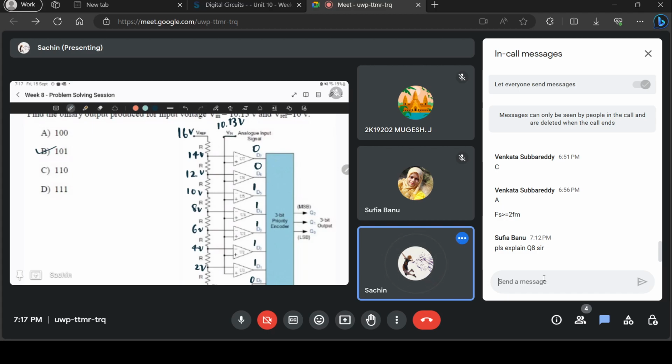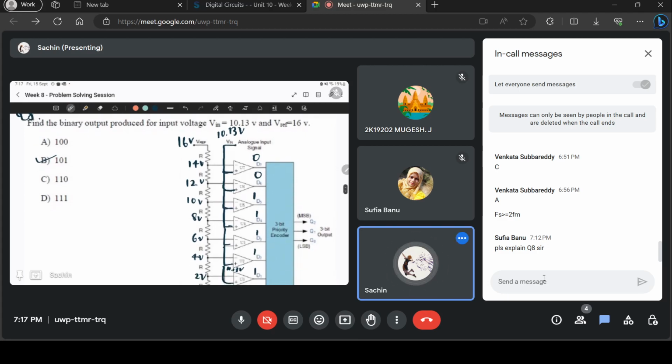It's connected here to the plus terminal. So this is 10.13 volts, this is 10.13 volts. All the positive terminals are connected to 10.13 volts. Is that part fine?